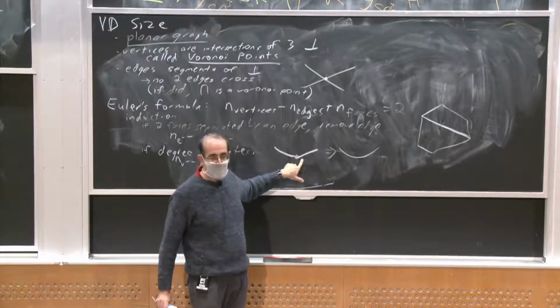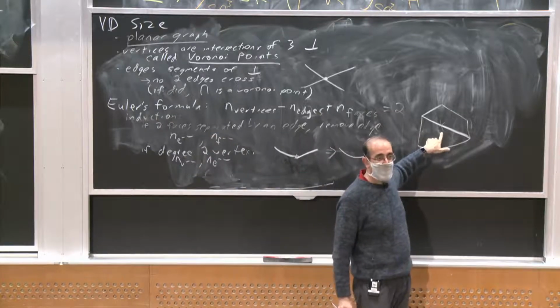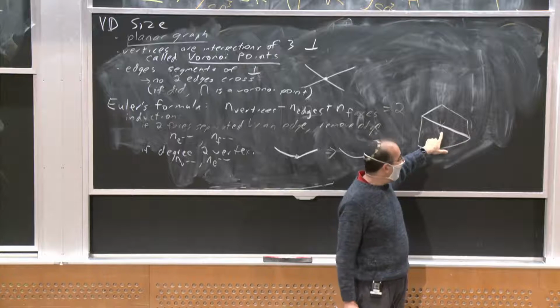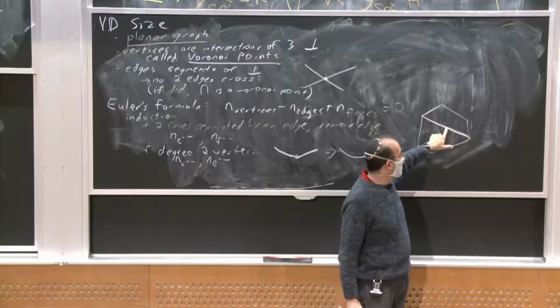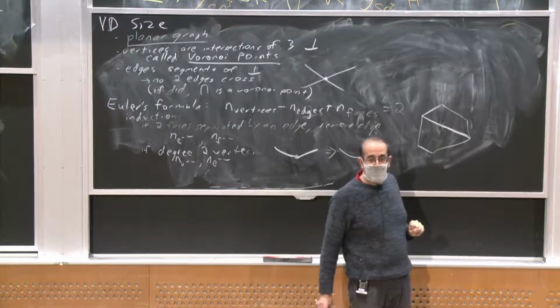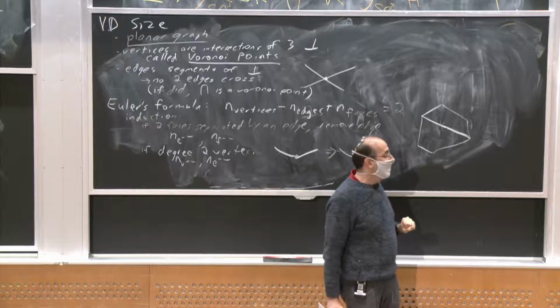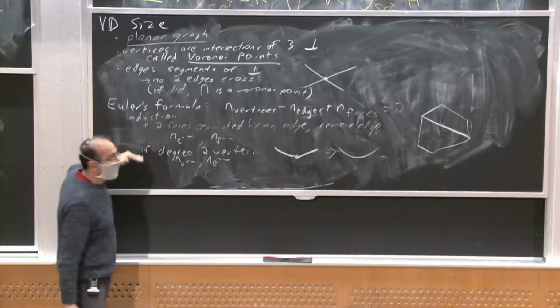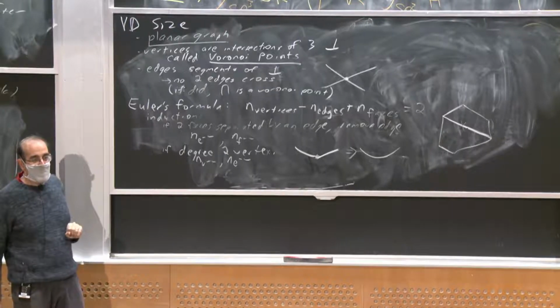But once we get rid of all of the degree 2 vertices, now we have a graph where every vertex has degree at least 3. So now we'll just take an edge. Both of its endpoints have degree at least 3, so when we remove that edge, we're creating this merger of two faces. Okay? So we can always apply one of these two rules in order to simplify our planar graph without changing Euler's formula.